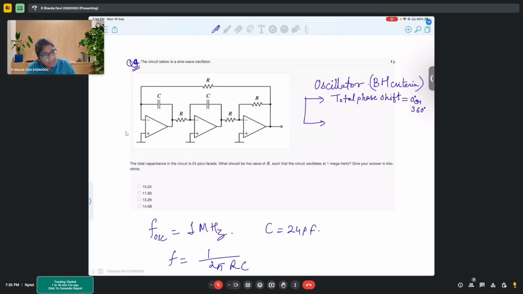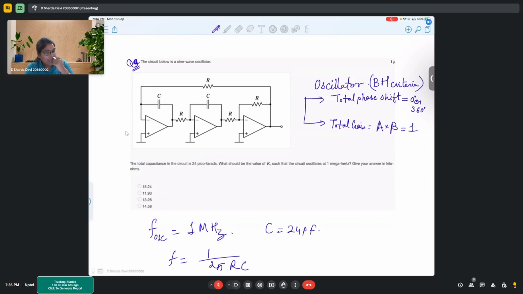This is one. And the total gain, that is A into beta, should come out to be 1.